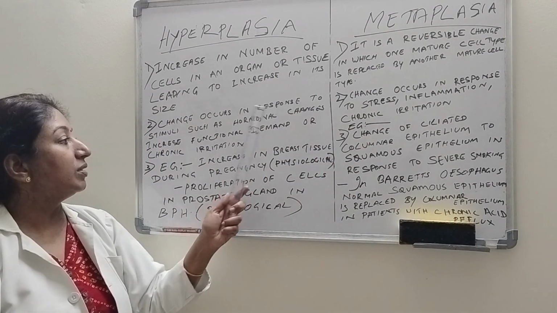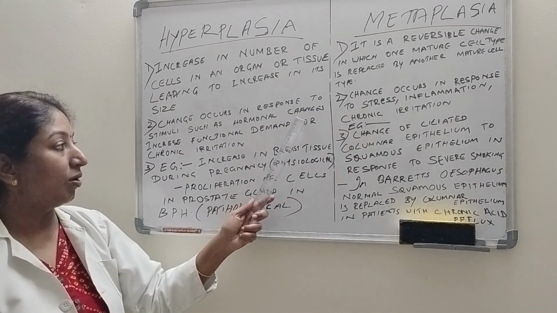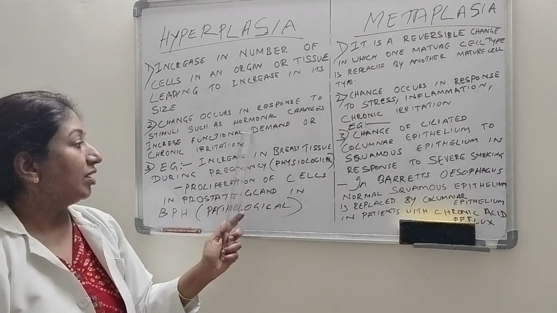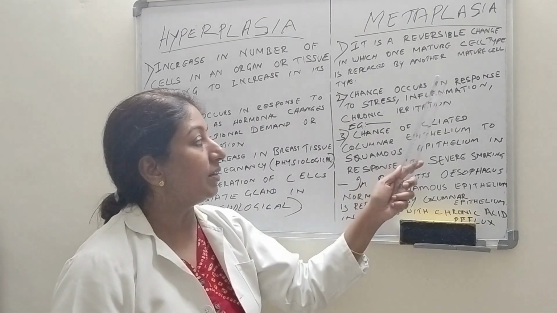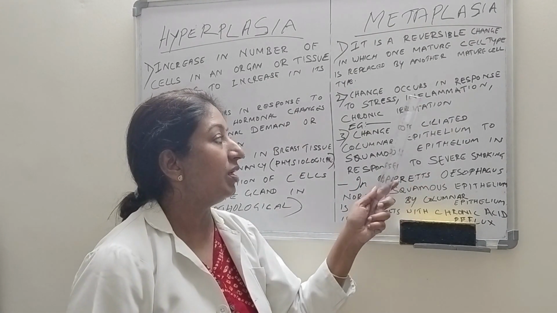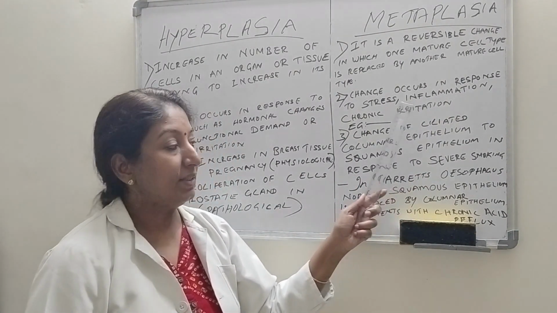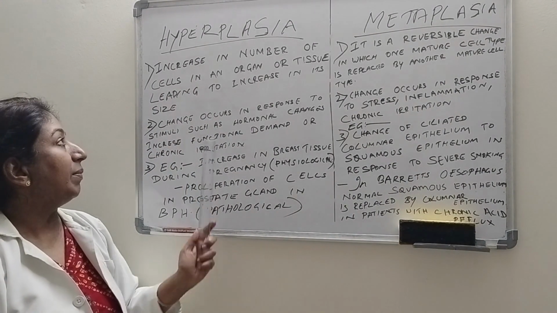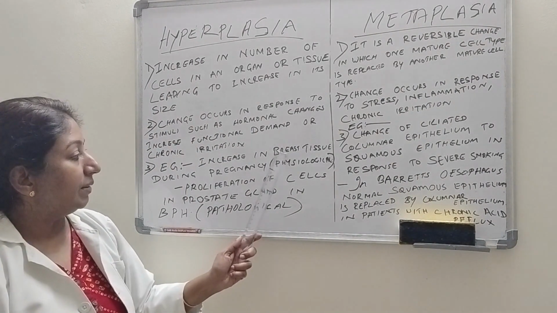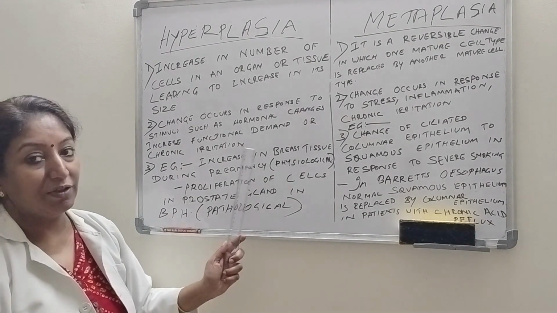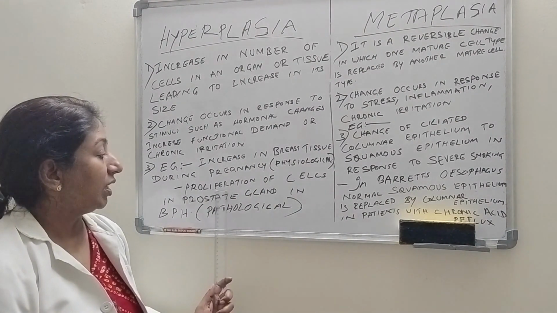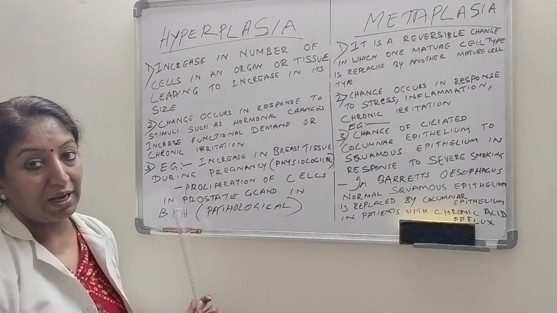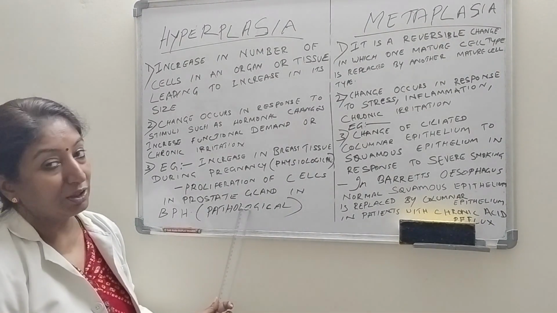Second point: in hyperplasia, change occurs in response to stimuli such as hormonal changes, increased functional demand or chronic irritation. In metaplasia, change occurs in response to stress, inflammation, chronic irritation. Now the examples. Examples for hyperplasia are increase in breast tissue during pregnancy, a physiological change, and proliferation of cells in the prostate gland in benign prostatic hyperplasia, a pathological change.